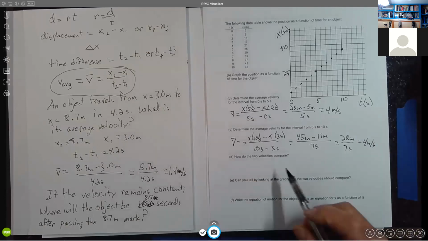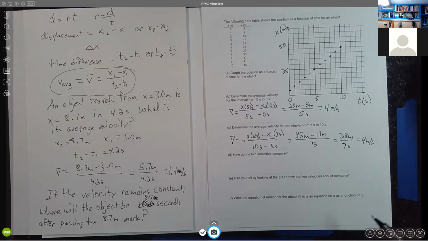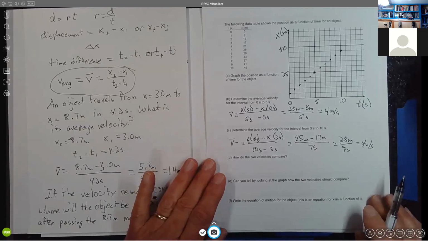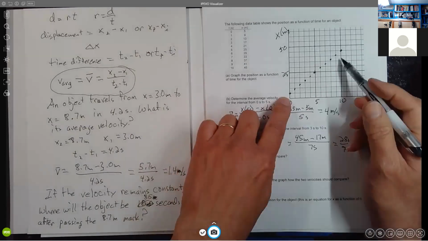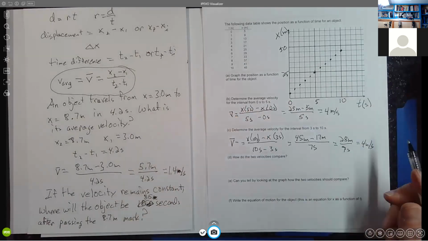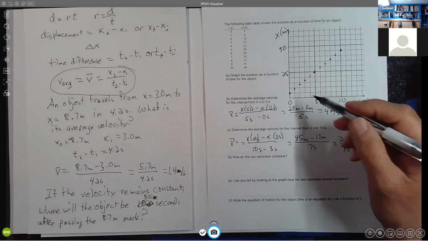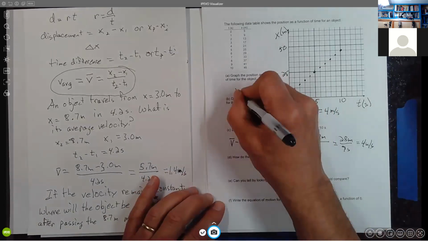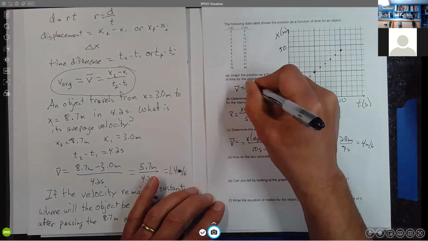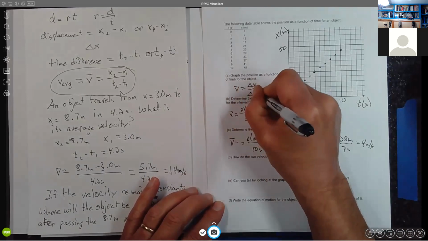So how do they compare? They look like they're the same to me. Could I tell by looking at the graph how the two velocities should compare? Well, yes, I could. Turns out on a position versus time graph, the slope is the velocity because average velocity is delta x over delta t.